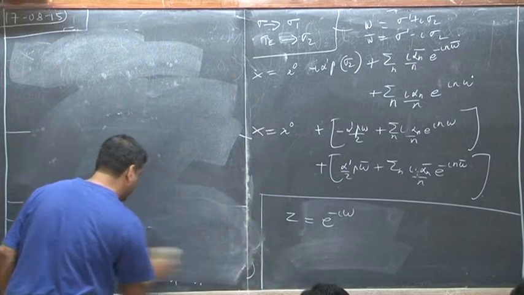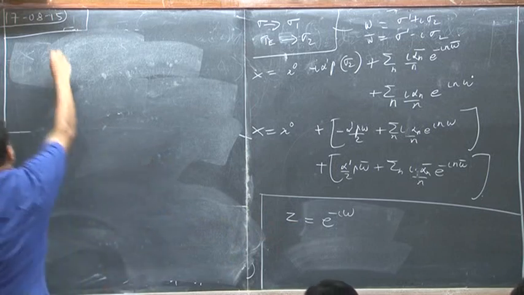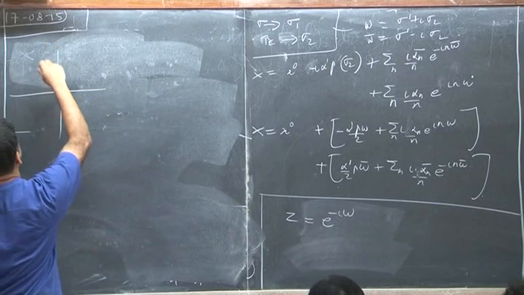But before transforming the field, let's just look at the geometry of this transformation. Suppose I have two planes here. The first is the W plane.